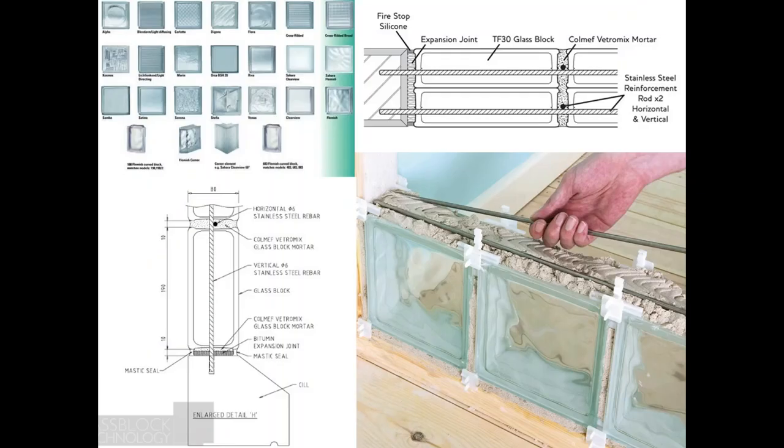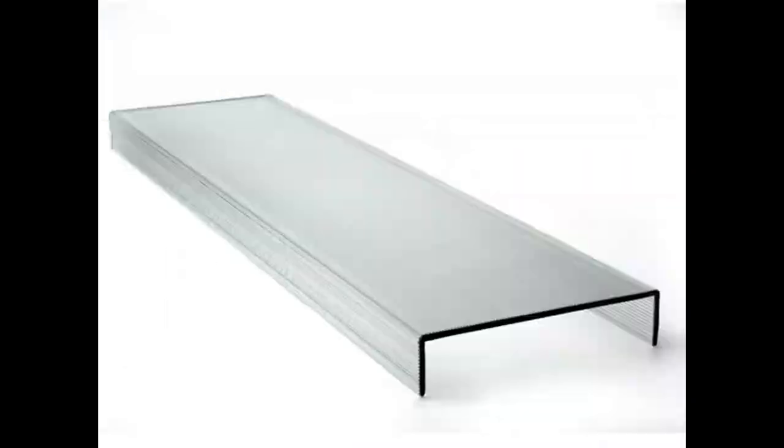There are various techniques for bonding them together, not unlike brickwork. There's steel in this one because, as we know, if you're making some kind of load-bearing structure, we always need good tensile strength to be able to take loads in tension. U-section glass planks.